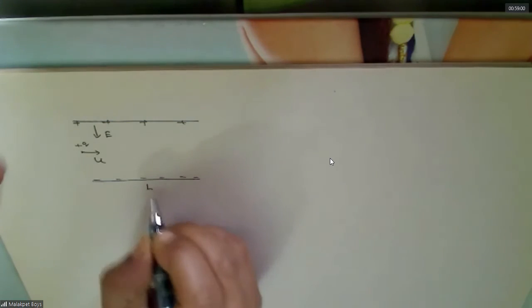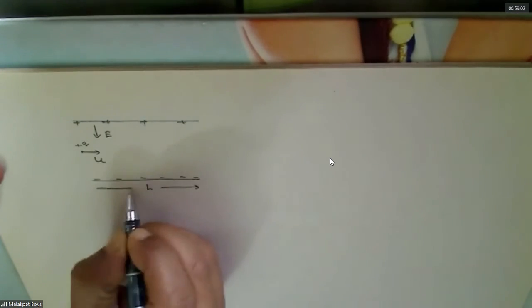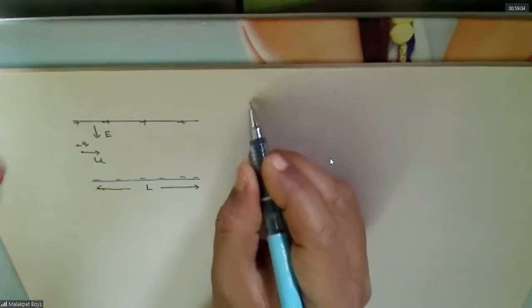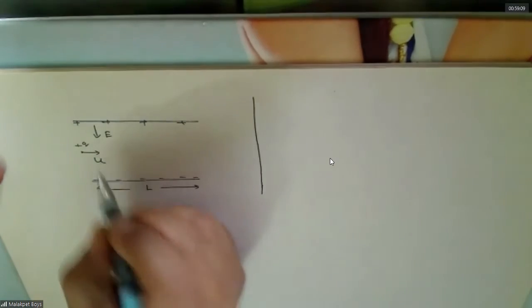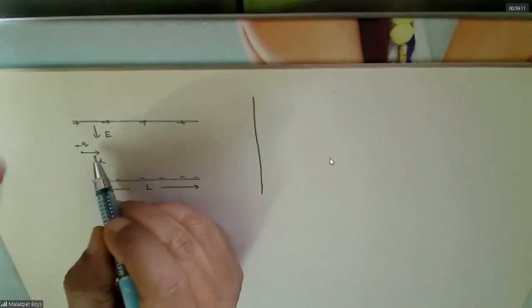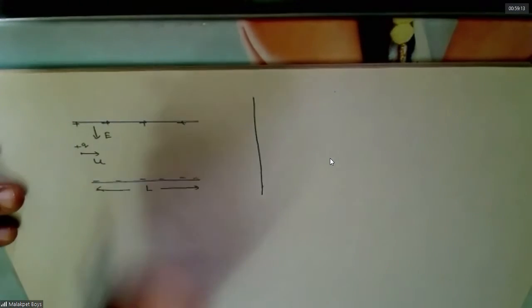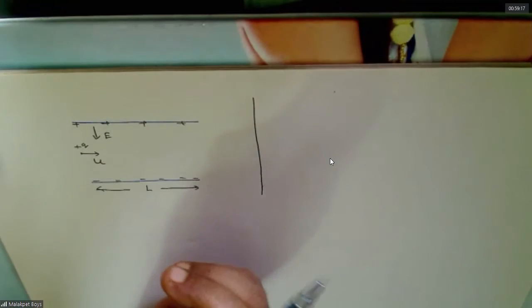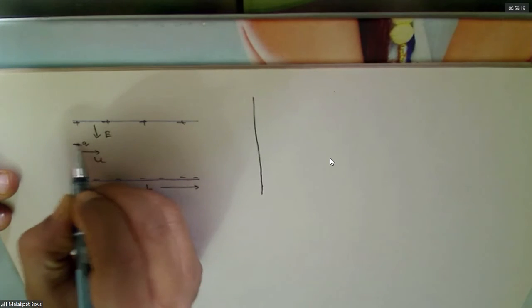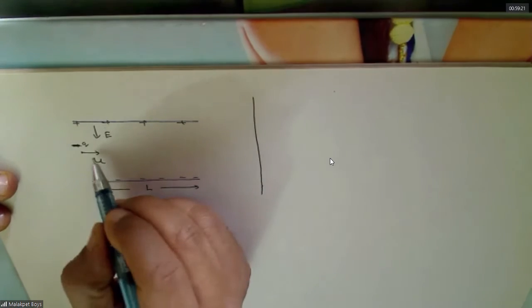The length of the plate is L. So naturally this positive charge will be attracted or repelled by this. What is the acceleration of this? Downward, sir. Okay, we'll take this as negative, for example. If it is negative, it is attracted like this.